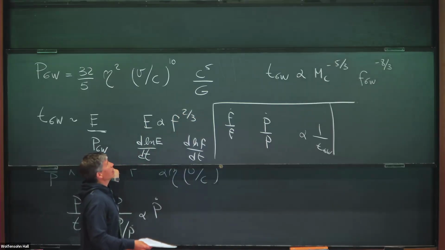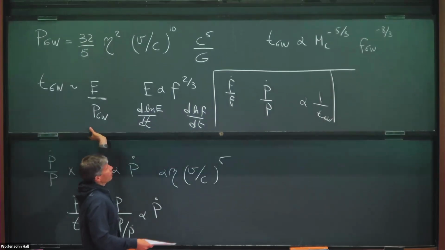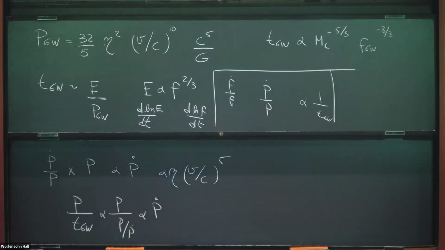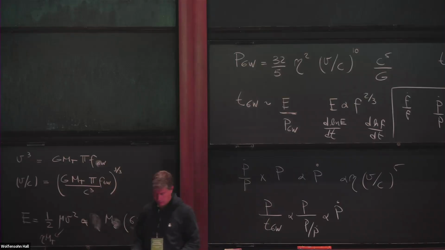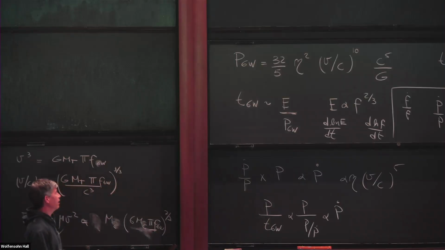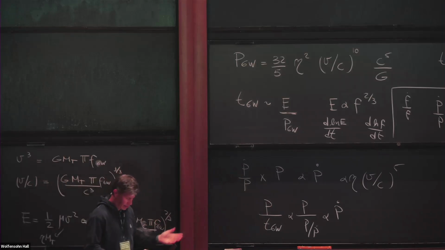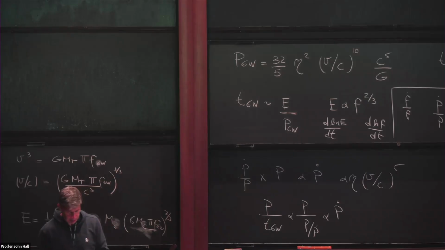But in general, the luminosity will be small compared to that if the system is non-relativistic. In part because the energy radiated is not of order 1 of the mass, but it's down by v squared, and also it's radiated over a longer time scale. That T_GW is much longer than the period. Okay, so this is nothing different than the P_GW formula because I'm getting at everything from the same place. But if you want to think about it, you can think of it like this.